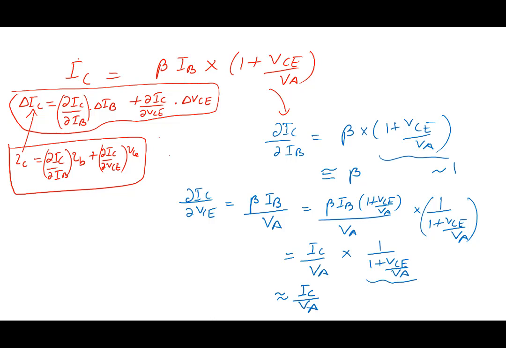Now IC by VA is what we are going to define as 1 over R0, a new parameter. R0 equals VA, the early voltage, divided by the DC current flowing.